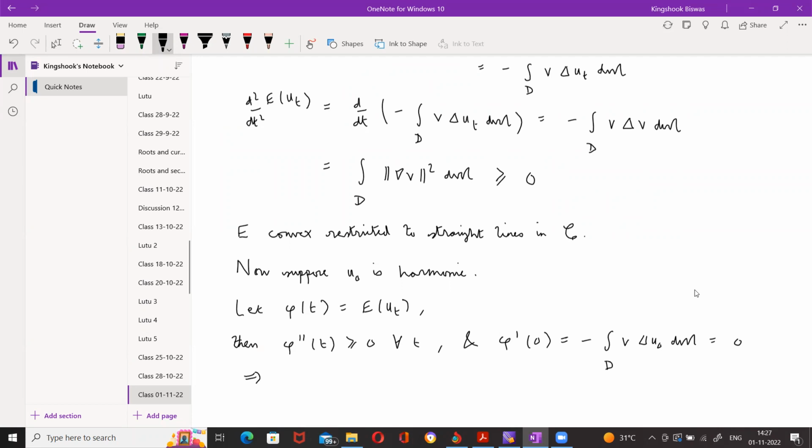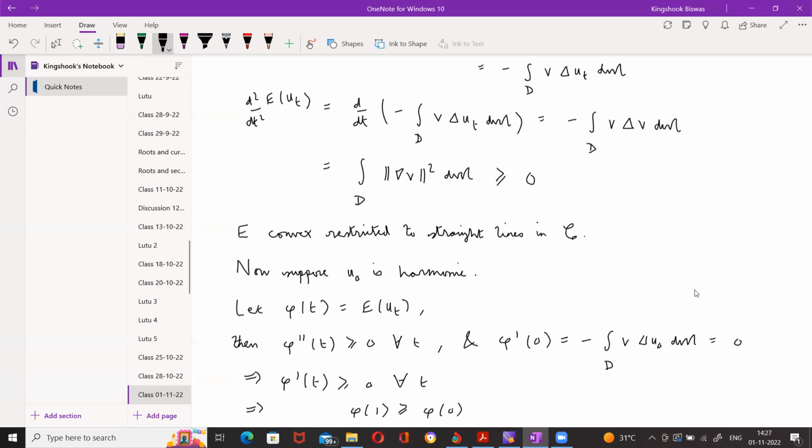So phi prime is monotone increasing, and its value at 0 is 0. That implies that phi prime of t is greater than or equal to 0 for all t, and that implies that phi of 1 is greater than or equal to phi of 0.